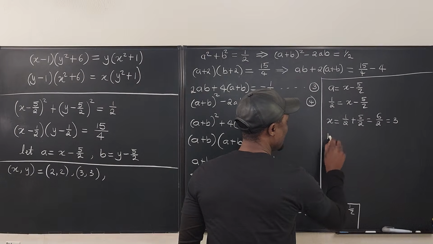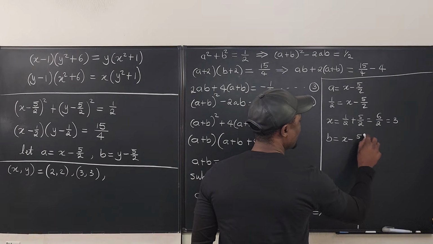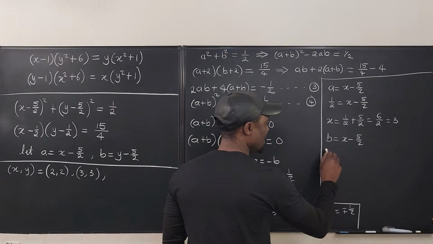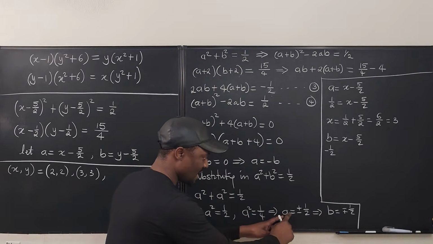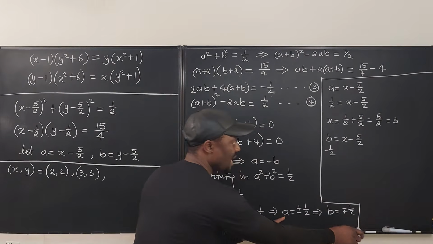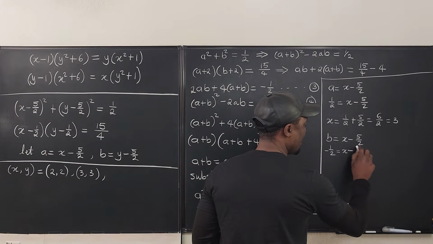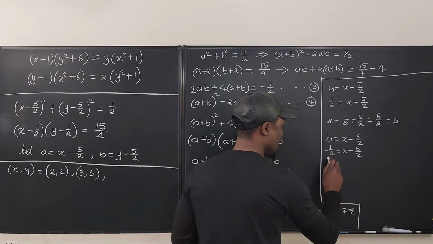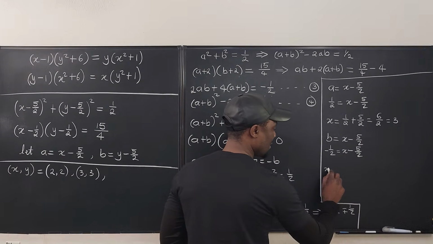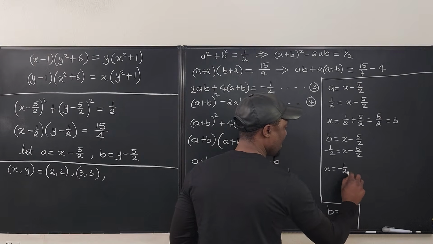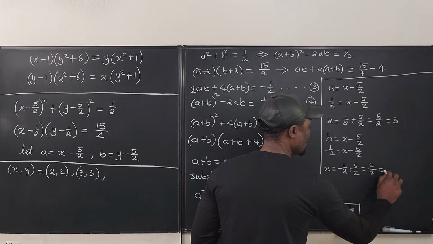Don't forget. Okay, so when a is 1/2, we have to do the math also for b. So we have b will be equal to x minus 5/2. But b is now negative 1/2 because of the condition that when a is positive, b will be the negative version. So we have this is equal to x minus 5/2, which means that if you switch it, you have x equals negative 1/2 plus 5/2. Well, that's going to be 4/2, which is equal to 2.